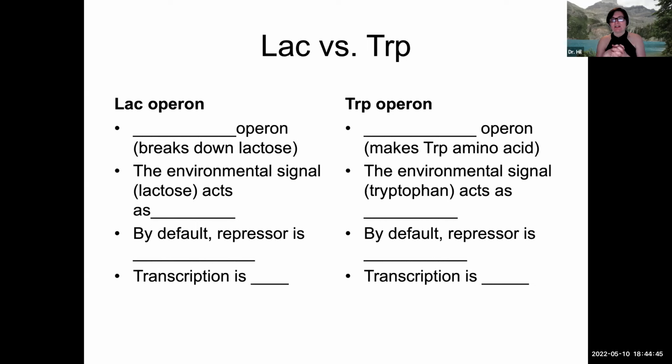The environmental signal tryptophan acts as a co-repressor. That's right. Because we want our default state to be what it is, the repressor, is it born ready or born lazy?